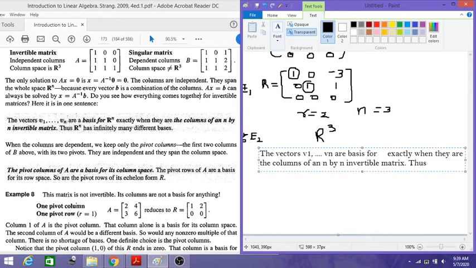Thus R^n has infinitely many different bases.